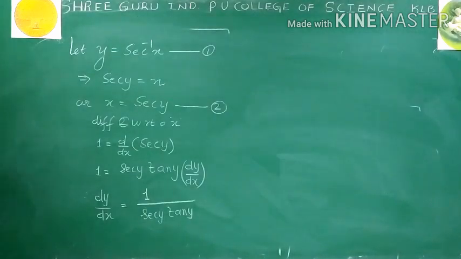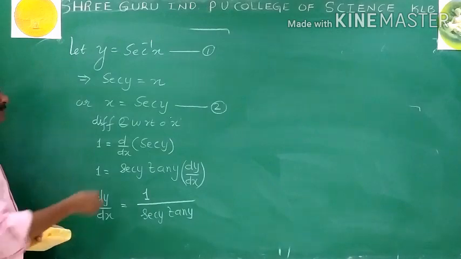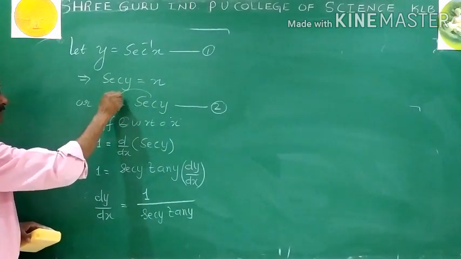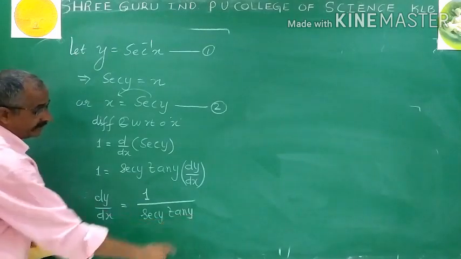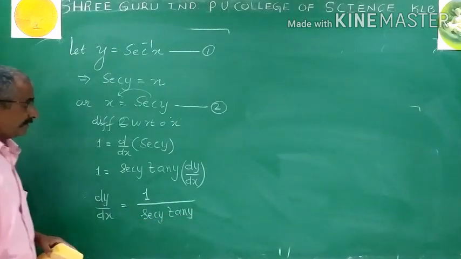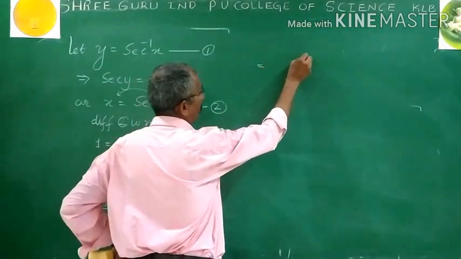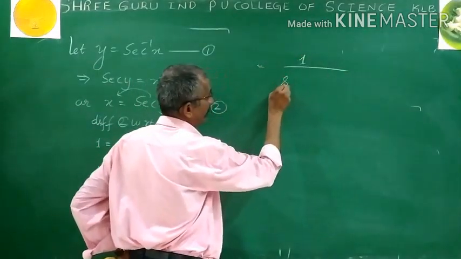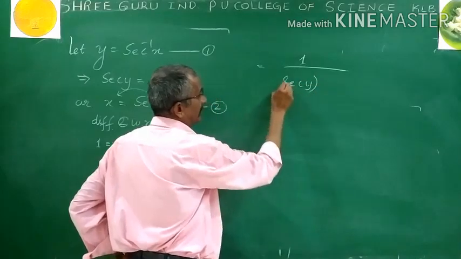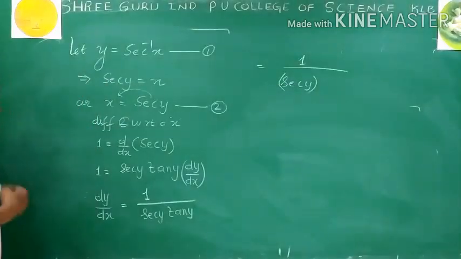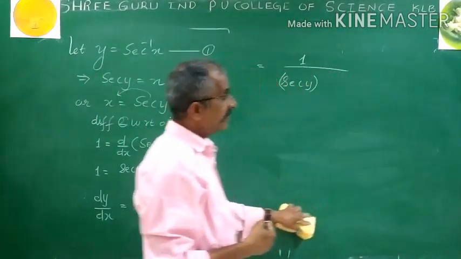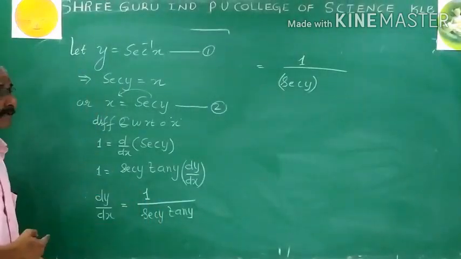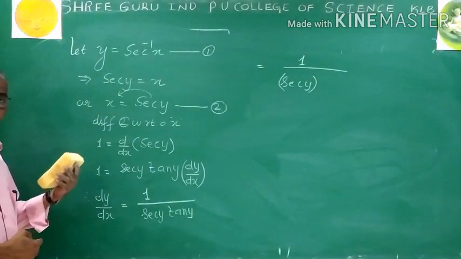In view of equation 2, sec y is in terms of x. We don't disturb sec y, but we shall change tan y into the form of sec y. Let us write tan y in terms of sec y. The main formula is 1 plus tan square theta equals secant square theta, so tan square theta is secant square theta minus 1, and tan theta becomes under root of secant square theta minus 1.